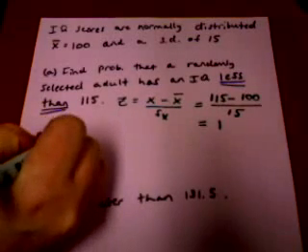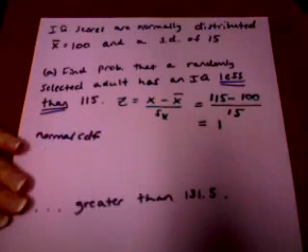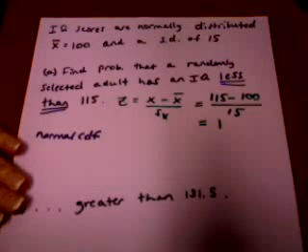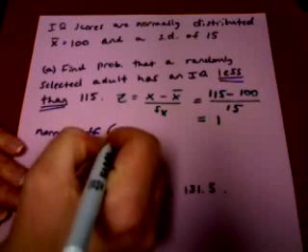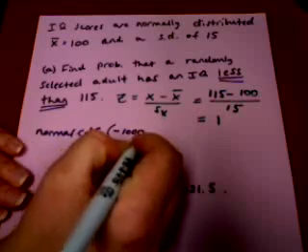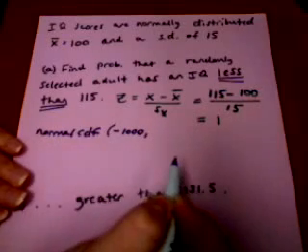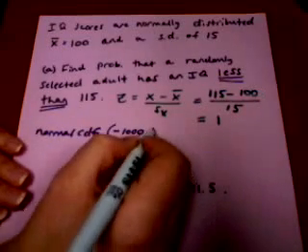I'm going to do normal CDF. Now why is it CDF? Well, it's a cumulative distribution because we're doing anything less than 115. That's not just 115, it's a range of values. Then I'm going to start at negative 1,000, so now I'm going off to the left, and I'm going to end at my z-score of interest, which is 1.